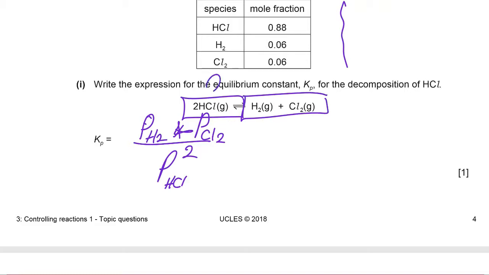That means both sides of the reaction have the same number of moles. So increasing or decreasing the pressure here has no effect on the equilibrium reaction. So we don't need to know the total pressure to calculate the Kp.